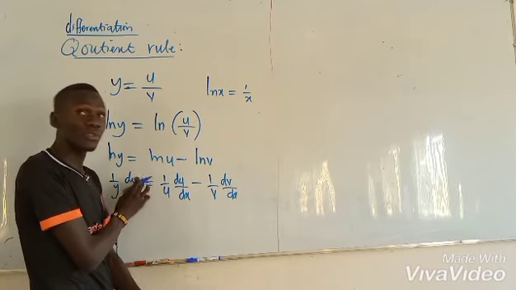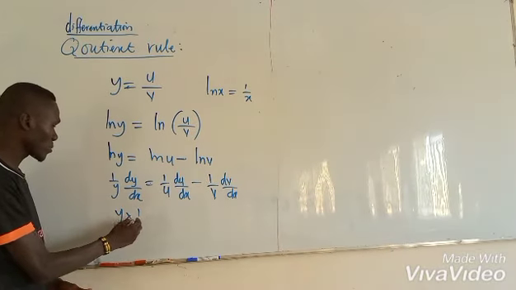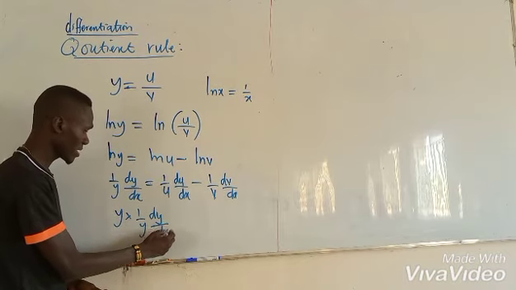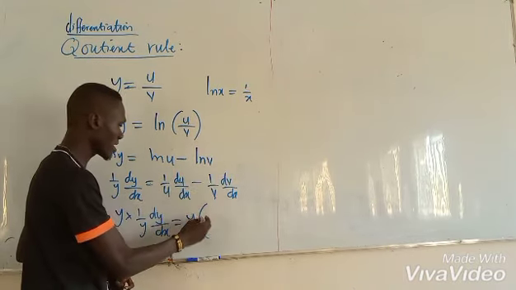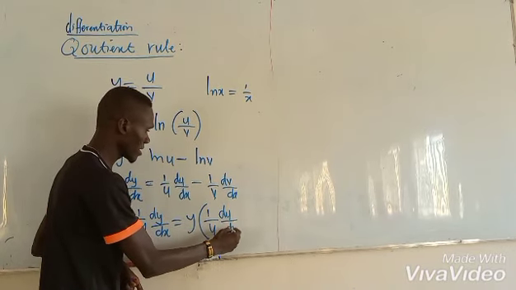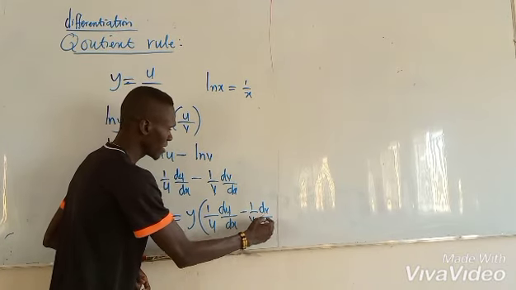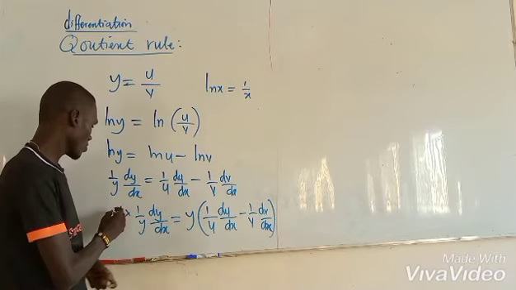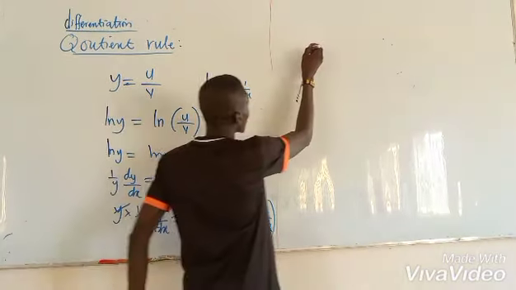So what do we do next? We multiply both sides by y. So I'm going to have y times 1 over y dy/dx equals y multiplied by the whole function here, which is 1 over u du/dx minus 1 over v dv/dx. Now we cancel y, so we have dy/dx.